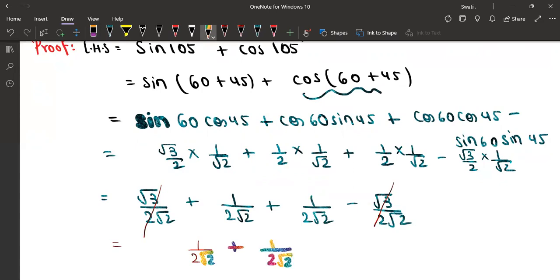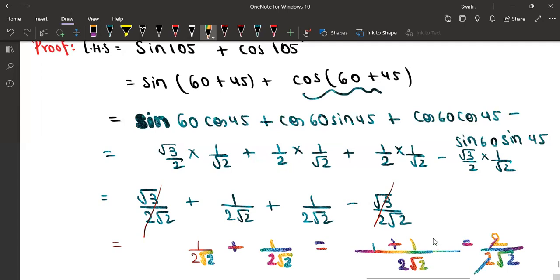We have to prove that this will be equal to only 1 upon root 2. So we have not received the RHS yet. We can simplify that further by taking LCM. If I take LCM, of course, I'm getting 2 root 2 and in the numerator 1 plus 1. Now what is 1 plus 1? 1 plus 1 is 2 upon 2 root 2. This 2 and 2 will get cancelled. So what exactly are we getting?